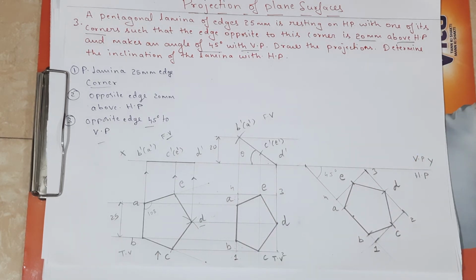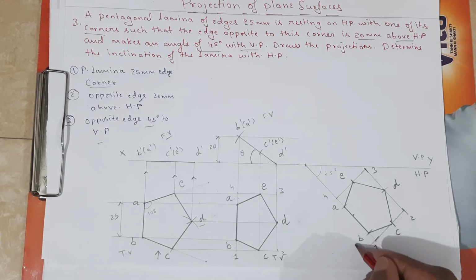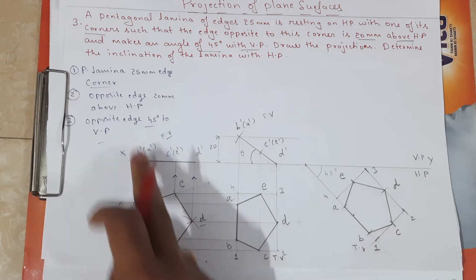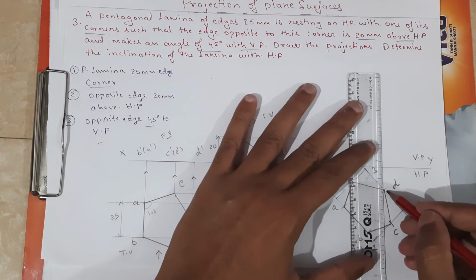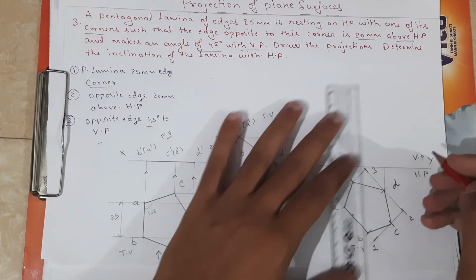Okay, so this is how I am going to do it. What is the next thing? This is the final top view which satisfies all the three conditions, but we need to draw the final front view also. First I will start with D because it is resting on HP.